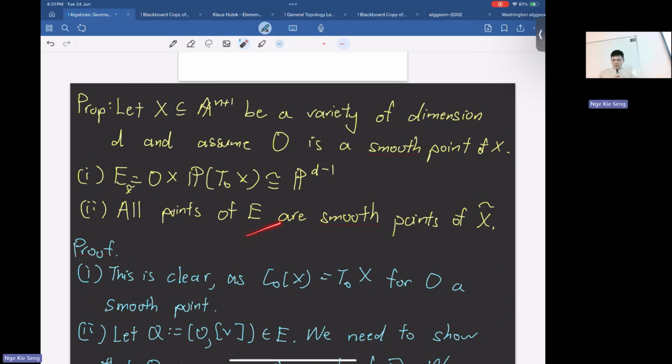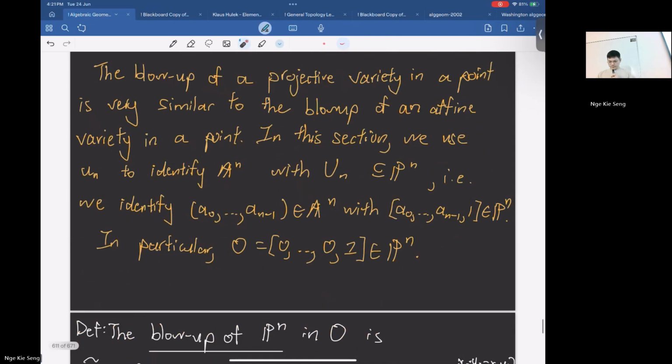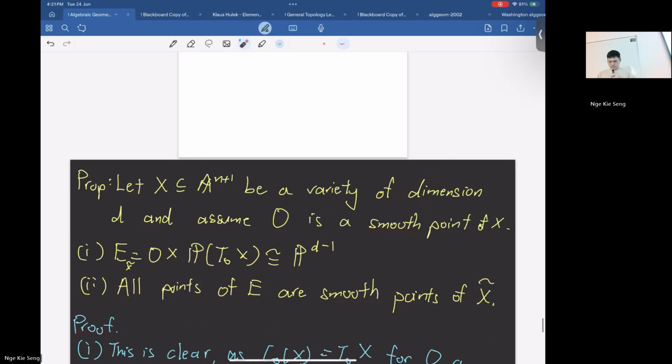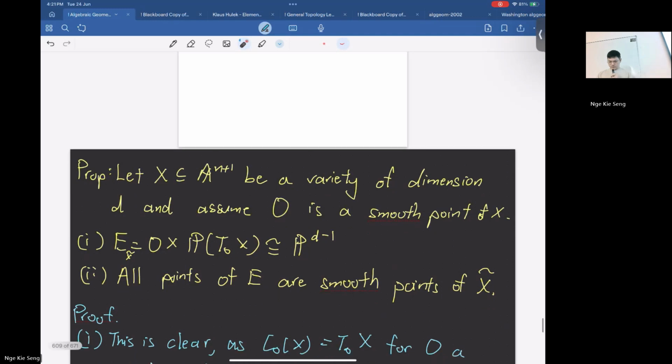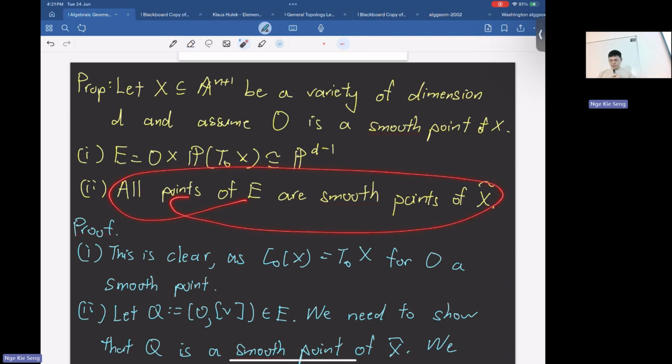And then all points on the exceptional divisor should be the smooth points of the blowup. This statement refers to when the point you blow up is already smooth.